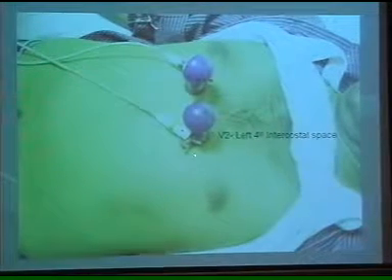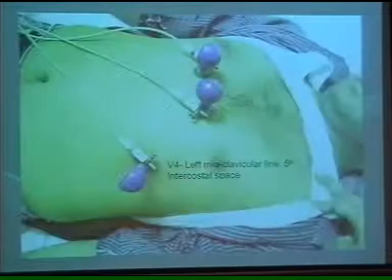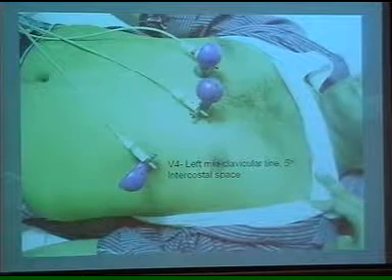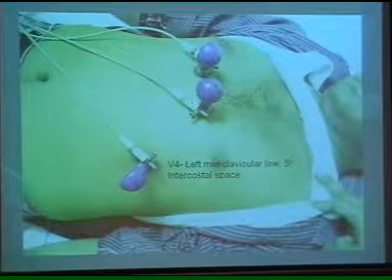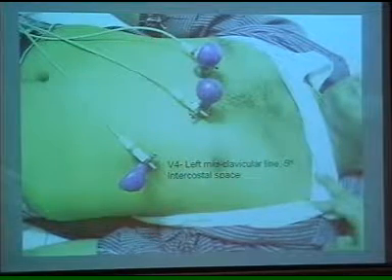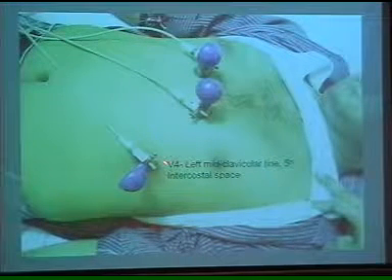And V2 is just on the opposite side of the sternum, same fourth intercostal space. Do not put lead V3 first. Those who are expert can do it, but for us, if you remember, then we place V4.